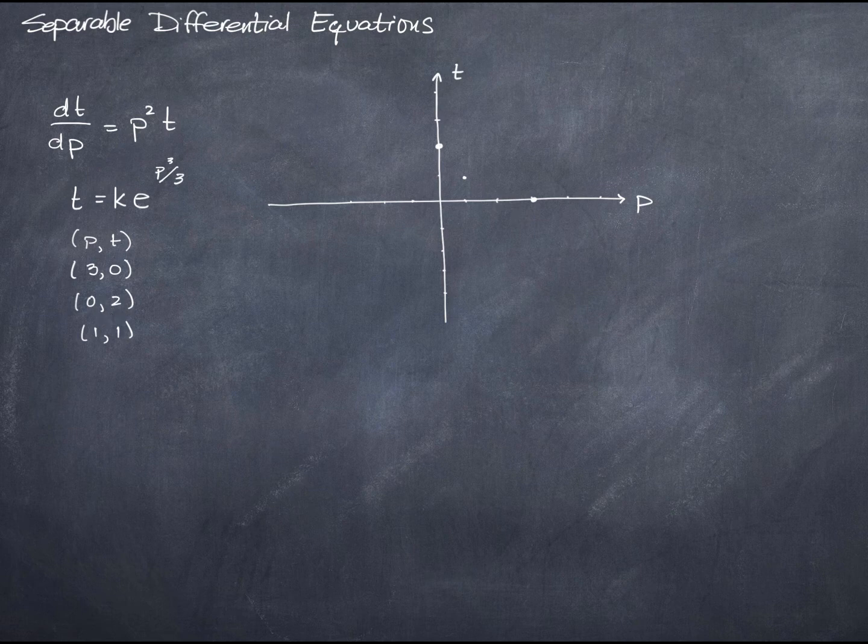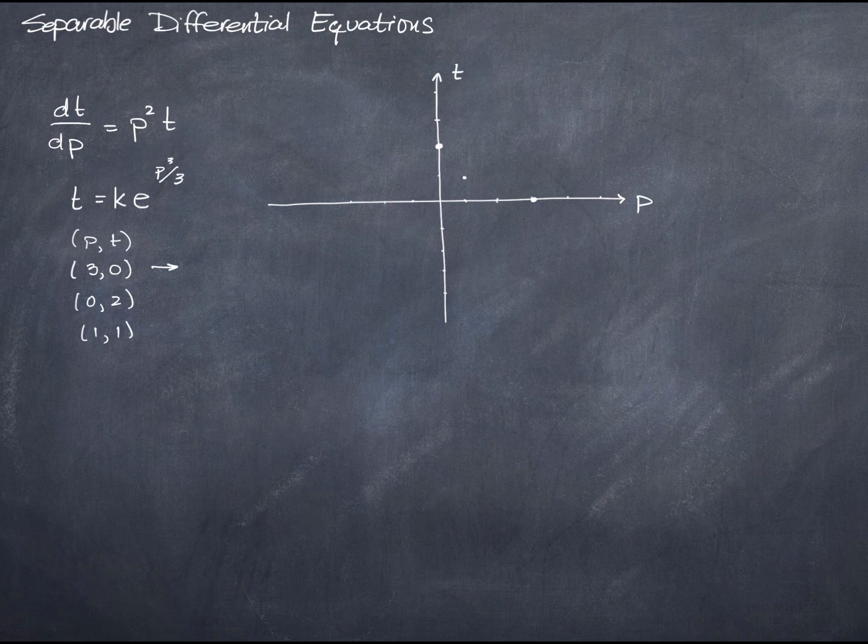All right, so what does it mean to be at the point 3, 0 for this differential equation? It means that your slope at that point will be whatever the product of p squared, or 3 squared, and t, or 0, is.